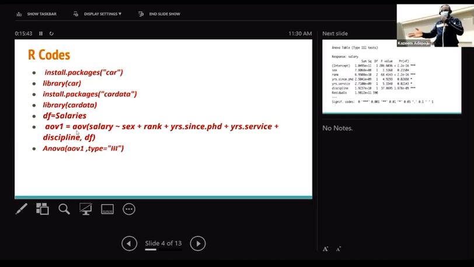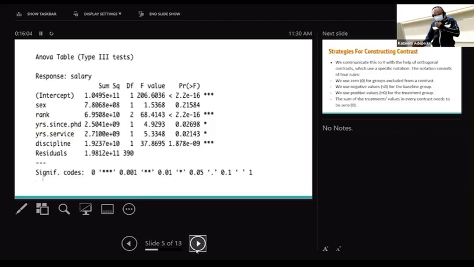Another categorical variable here is discipline, because we want to see whether a professor from the College of Arts is going to earn more money than a professor from the College of Education. That is why we're trying to look at the effect. What role does discipline also play?